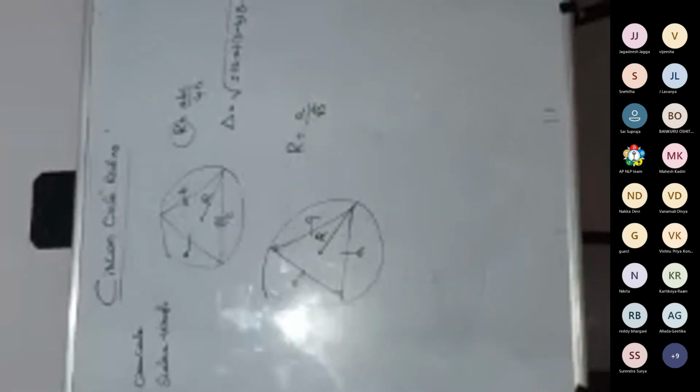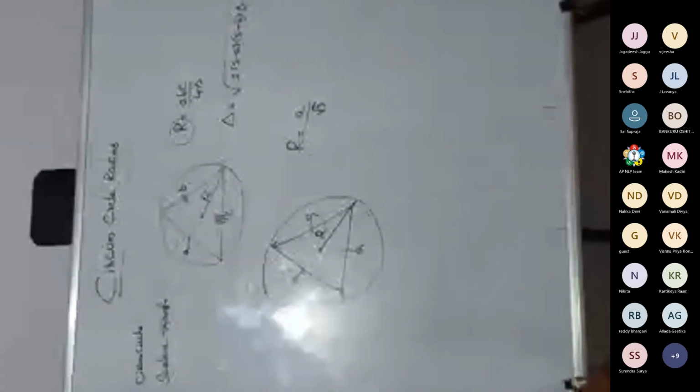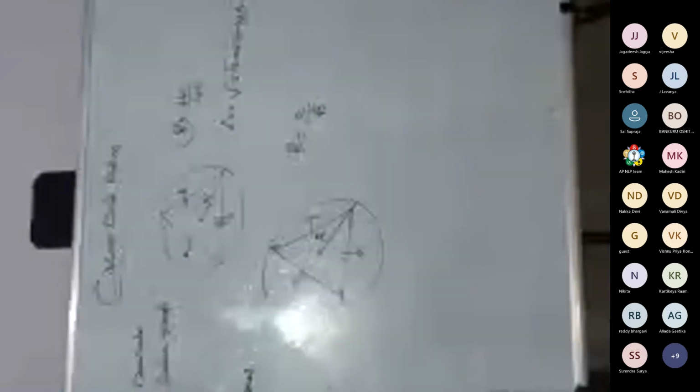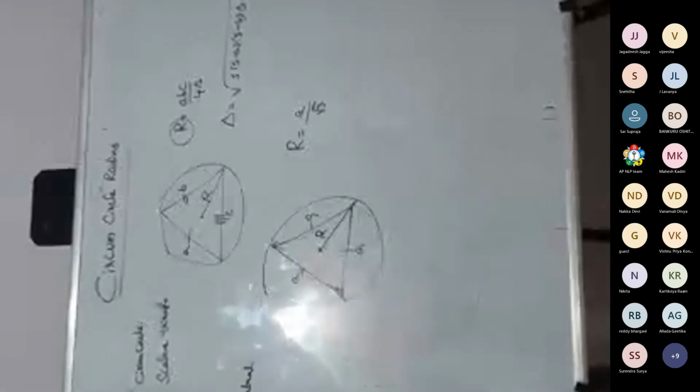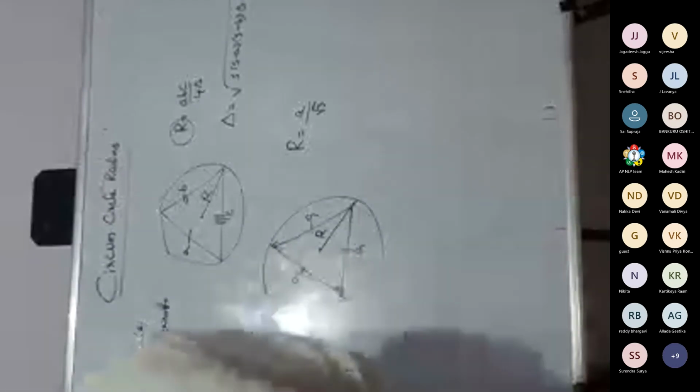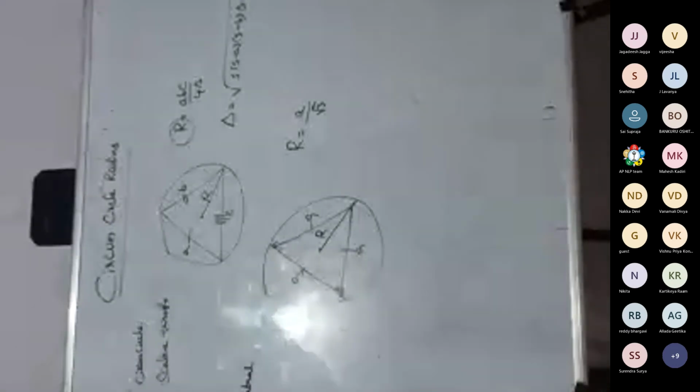Okay, a by root 3, for the equilateral triangle, where all the sides are equal. Please note it down. This is for the circumcircle radius.